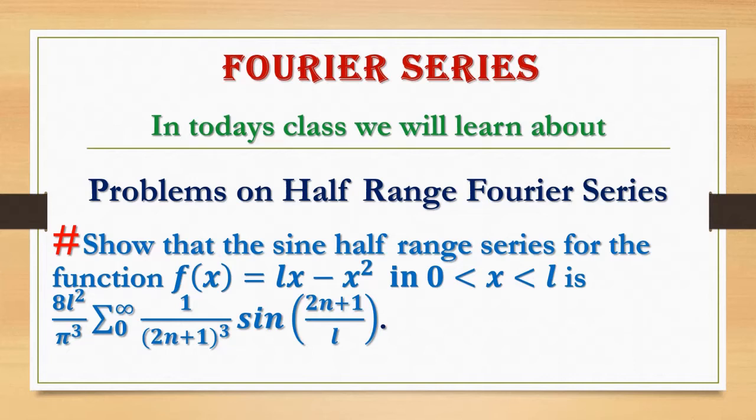The problem is, show that the sine half-range series for the function f of x is equal to lx minus x square in x greater than 0 less than L is 8L square upon pi cube summation 0 to infinity 1 upon 2n plus 1 whole cube into sine of 2n plus 1 whole divided by L.